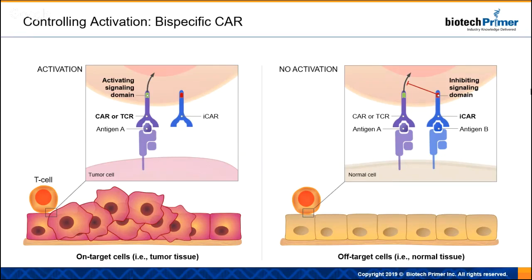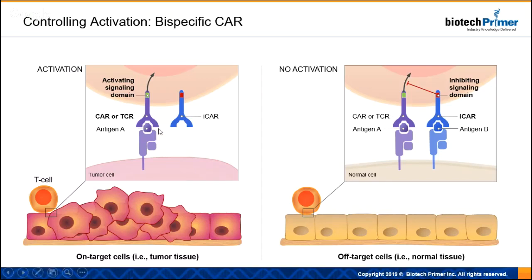And so one of the approaches being used is a bispecific CAR. So the CAR T now has an activating receptor. So this will recognize an antigen that is present on the tumor cell. And one of the problems is it's difficult to find an antigen that's only present on the tumor cell.